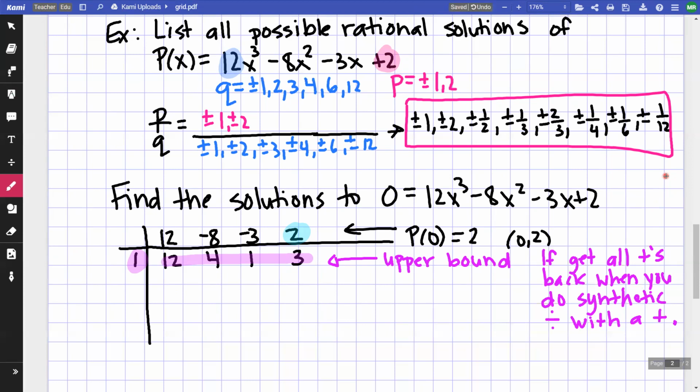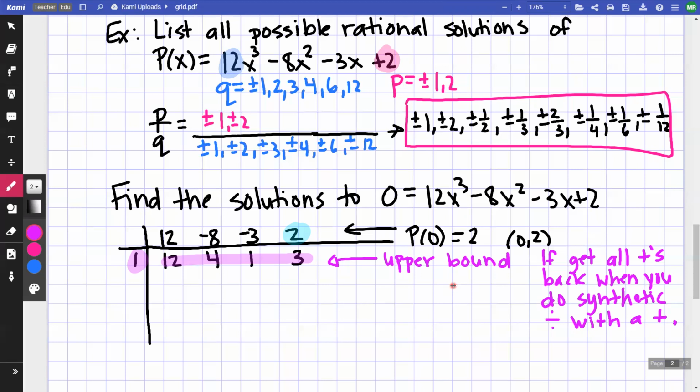Okay, that's what happens. So at this point, I am not going to try anything greater than a +1. I'm not going to try 2. It's not going to work. So I'm going to go the other direction.